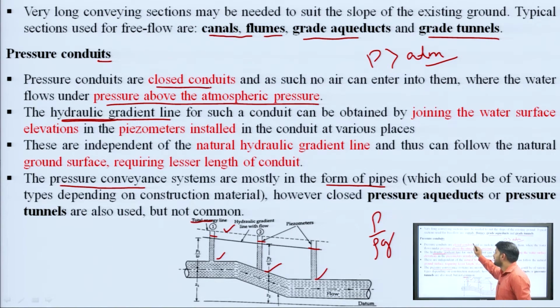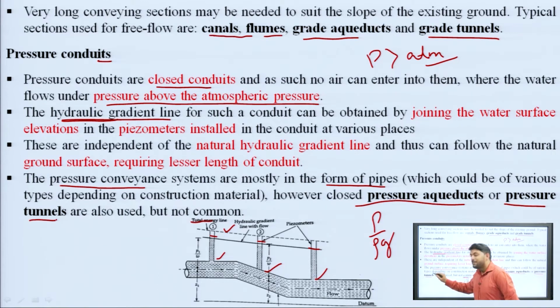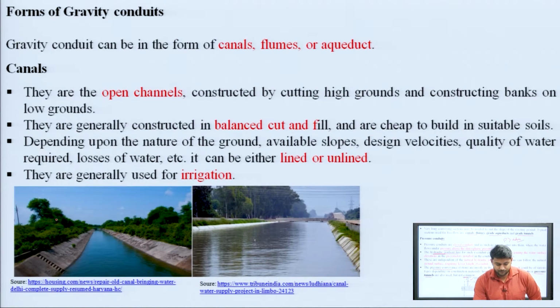Two common types of pressure conduits are closed pressure aqueducts and pressure tunnels, but they are not commonly in use. The most common pressure conduit is simply the pipe, which one can easily see in a water distribution system, as the water is flowing under pressure greater than atmospheric value.